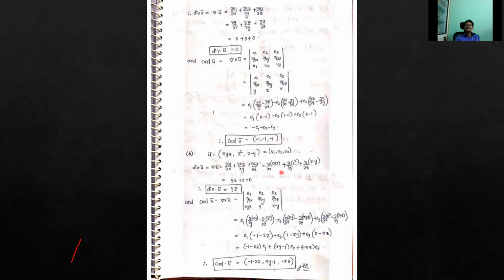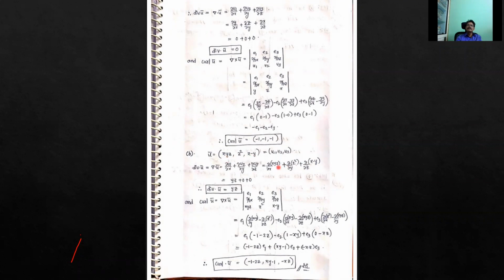So the first coordinate is x y z, differentiate with respect to x. Second coordinate is z square, differentiate with respect to y. Third coordinate, differentiate partially with respect to z. Finding the divergence of U bar is very simple. Just differentiate the first coordinate with respect to x, second with respect to y, third coordinate with respect to z.